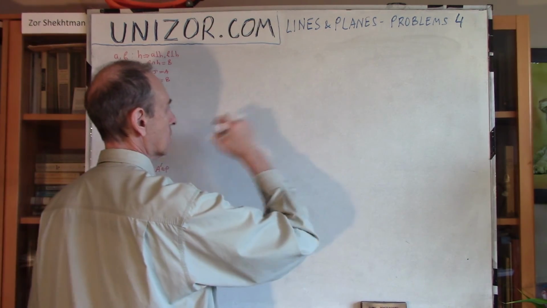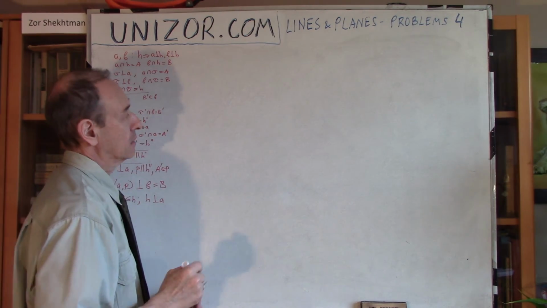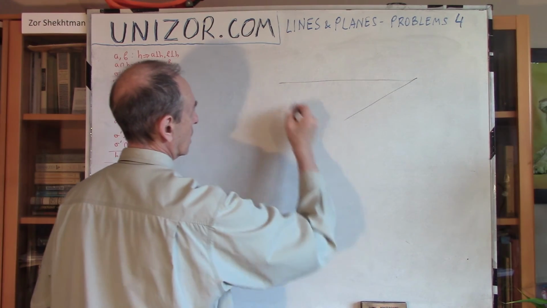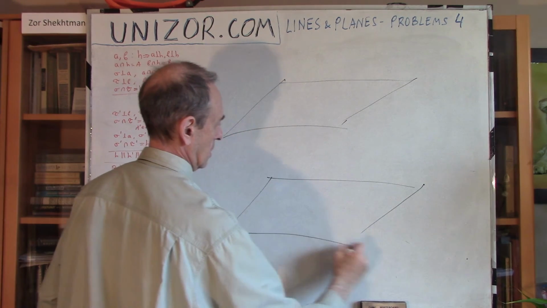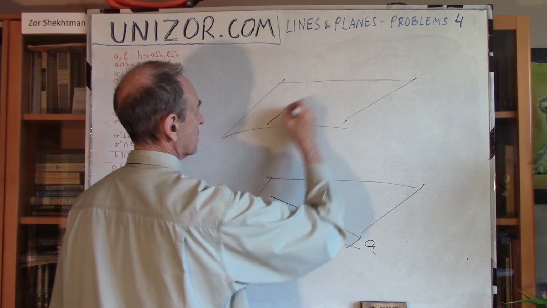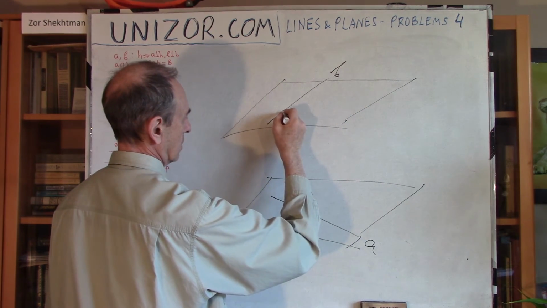So let's again, let me check. Maybe actually I can use the same picture. So if this is, let's say, A and this is B, and I choose the point.